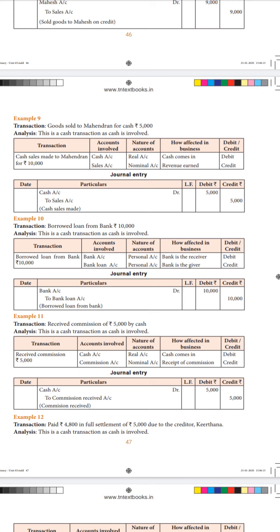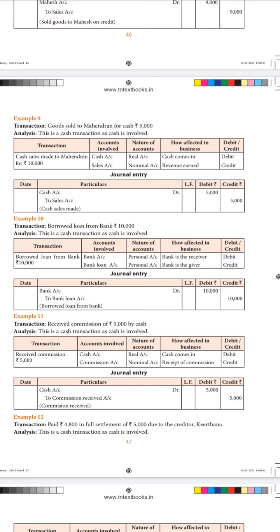So here the two accounts involved are cash and commission received. You have to be specific. It should be written as commission received, because if nothing is given, we'll treat that as commission paid. So be specific. You have to write this as commission received account.